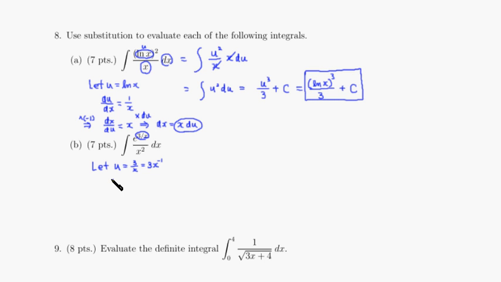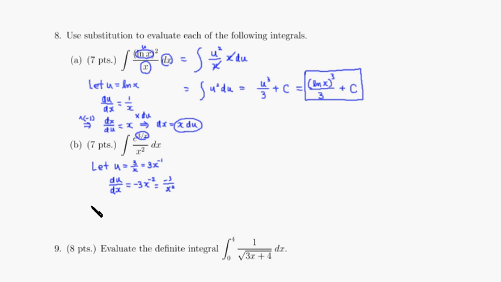Take the derivative of u with respect to x. We get 3, put the power in front, so negative x, and subtract 1 from the power, so it's negative 2, which is the same thing as negative 3 over x squared.